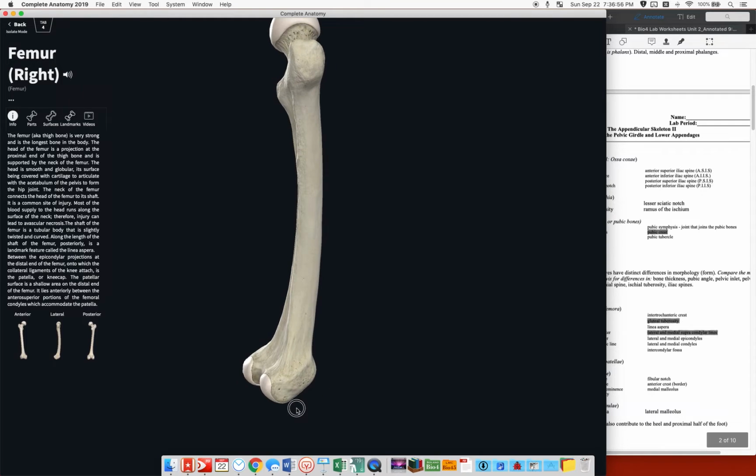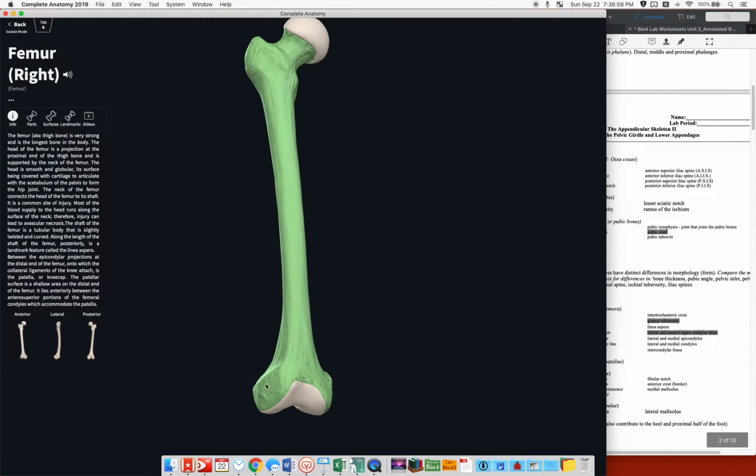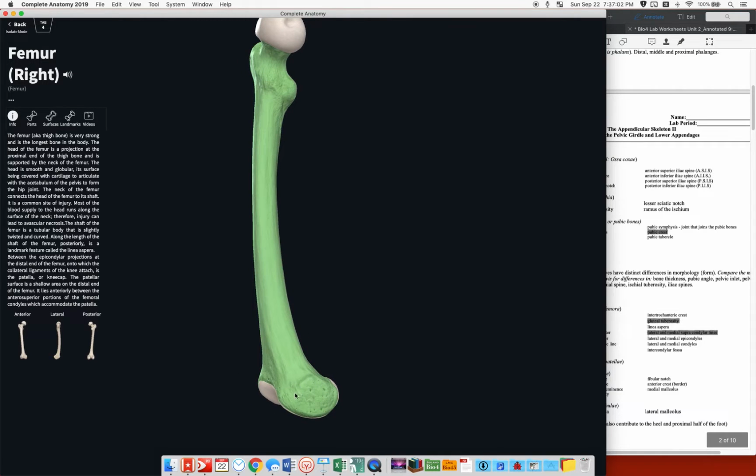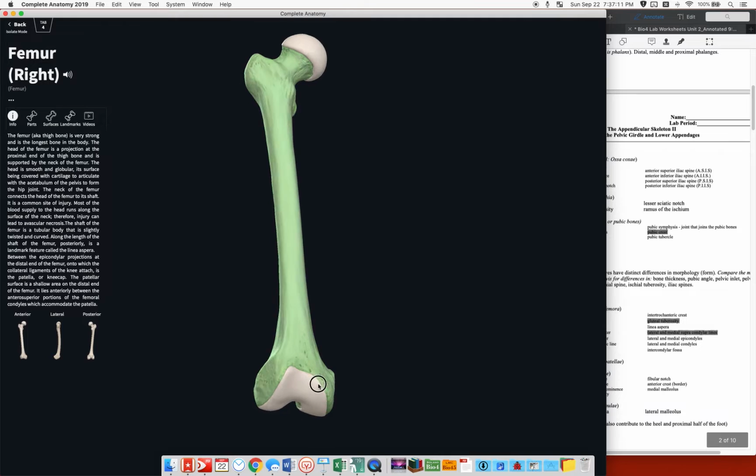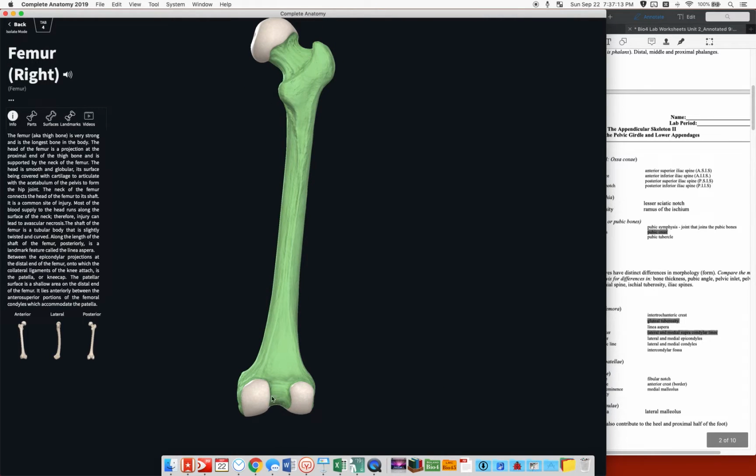I should point out too, this portion is the epicondyle. This portion is also the epicondyle. The condyle is the rounded portion. And the intercondylar fossa, as I pointed out, is the depression between the two condyles.